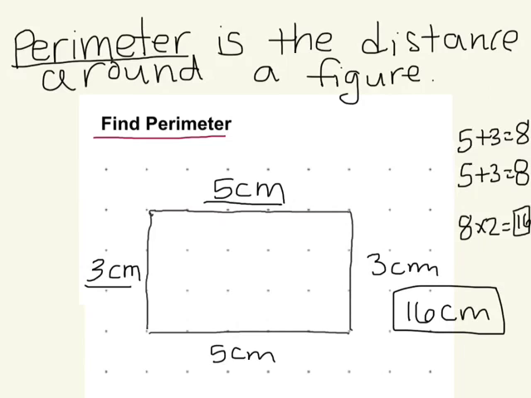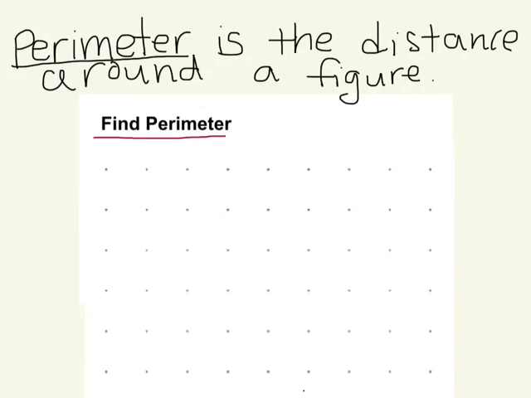All right, I'm going to pause the video and erase my work. Would you pause the video, do the same, and then press start when you're ready? Let's do one more find-perimeter figure. All right, welcome back. Let's use our dot paper to make a 2 centimeter line. So that goes vertical.